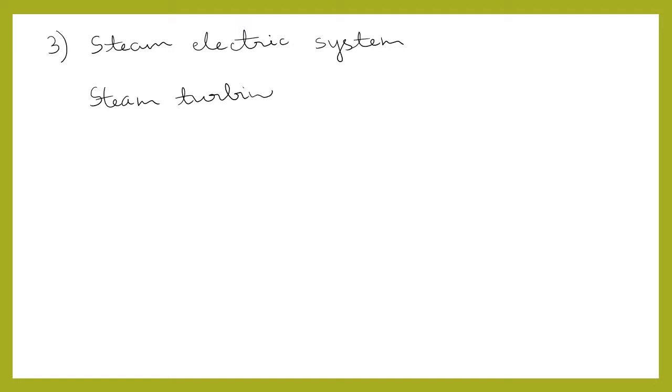Next system is the steam electric system. On an experimental basis, locomotives have been built in which a steam turbine drives the generator, which supplies current to the electric motors.